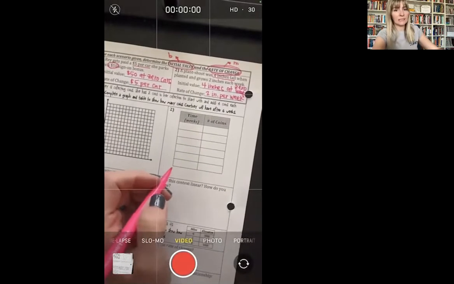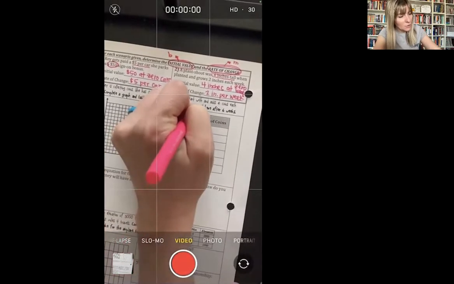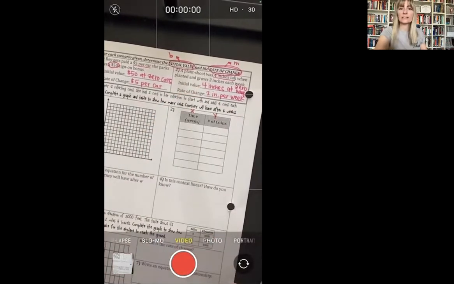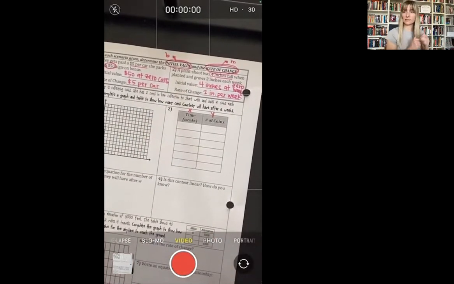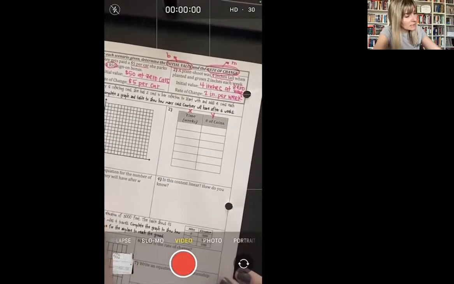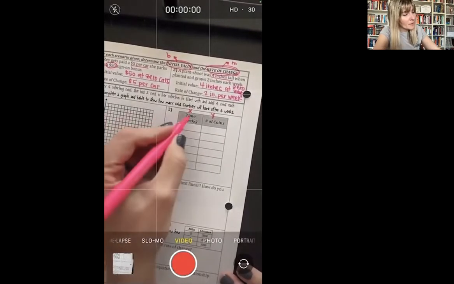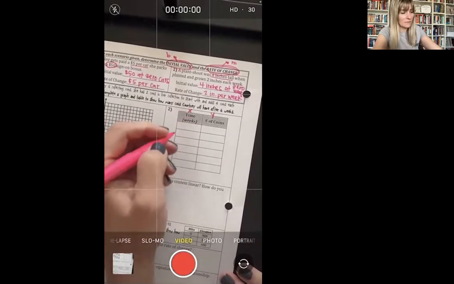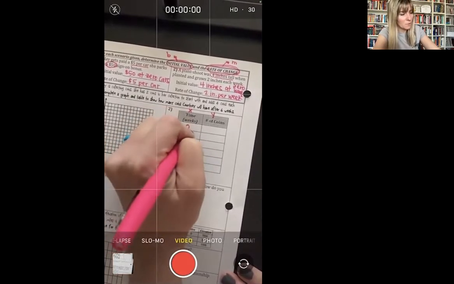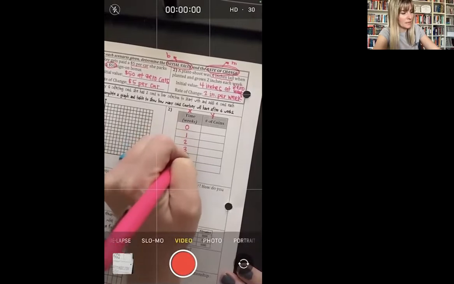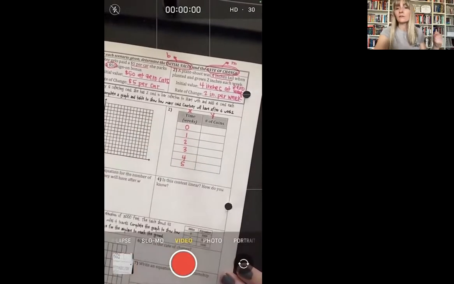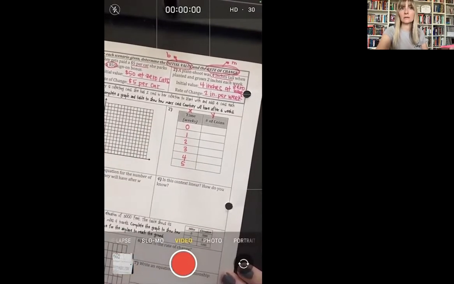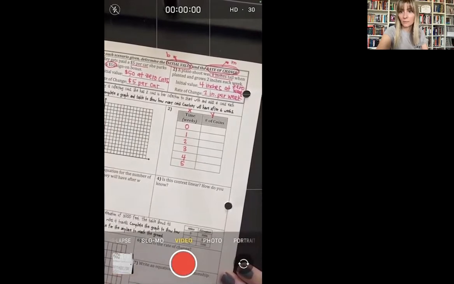When they give me a table, I usually call the first column X and the second Y, and I think of X axis and Y axis. Time in weeks is the independent variable. So I'm just going to go 0, 1, 2, 3, 4, and 5. And of course I start with 0 because 0 is always the true starting point.